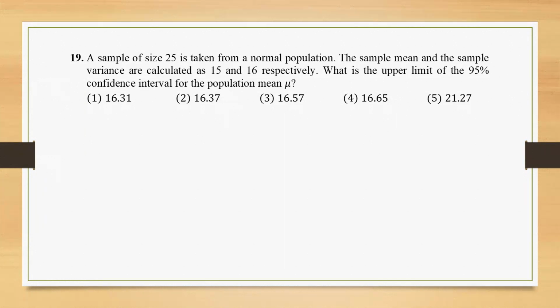Yes, the distribution is normal, but the sample size is 25 and the population variance sigma squared is unknown. Instead, you have been given x bar as 15, variance s squared, and the confidence level is 95%.